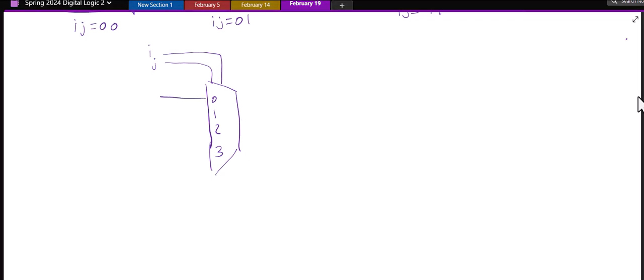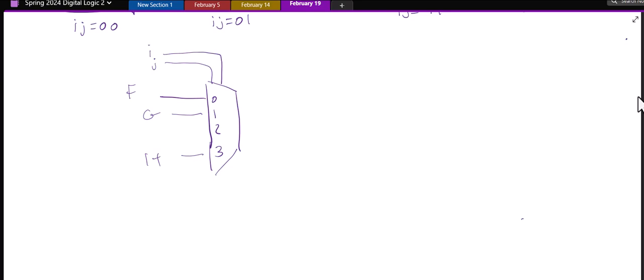And what goes into 0 is going to be F, and what goes into 1 is going to be G, and what goes into 3 is going to be H, and we can put whatever we want into 2. And we have to figure out how to make those.